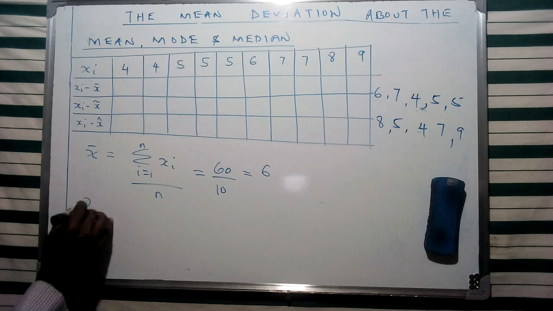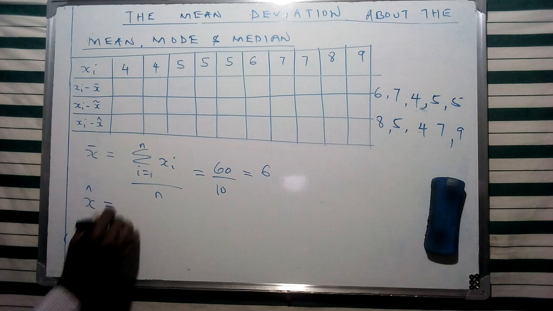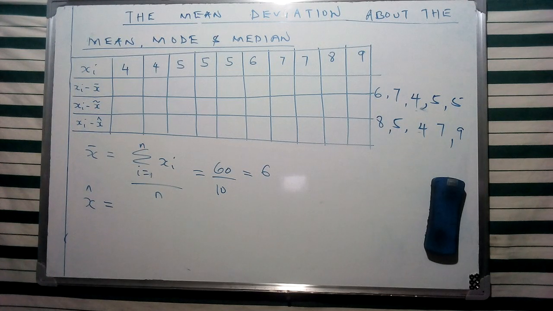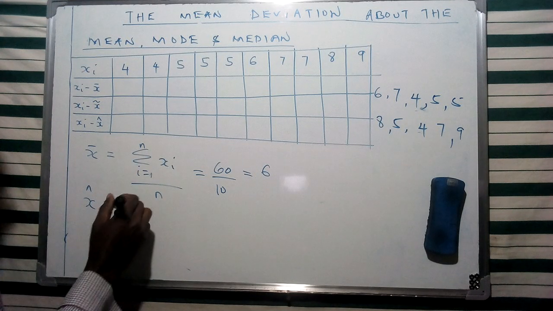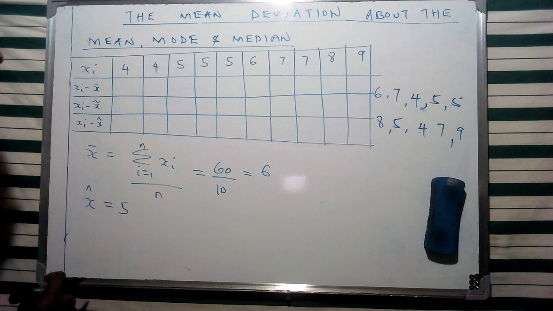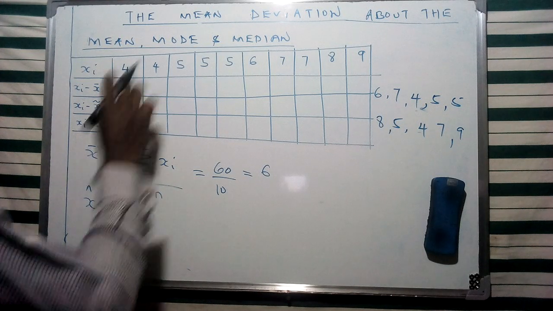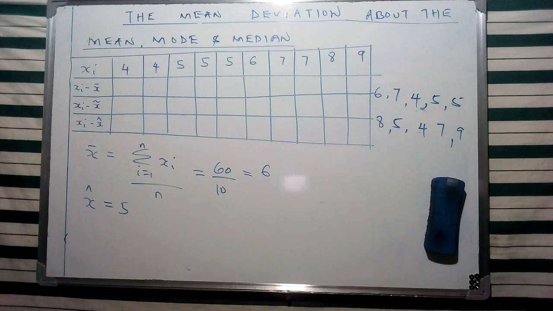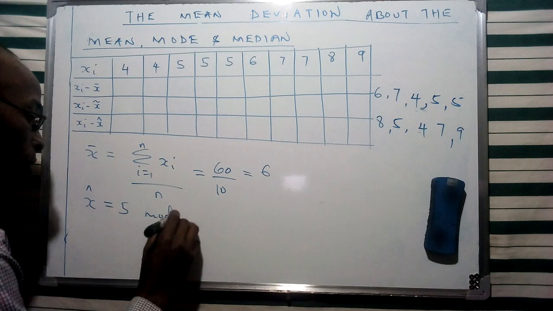And as we said, the mode is the frequently appearing value in that distribution, and that's going to be 5, which appears 3 times, contrary to the other values of x, and therefore that forms our mode.